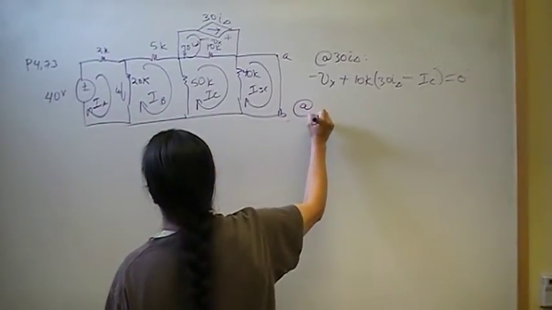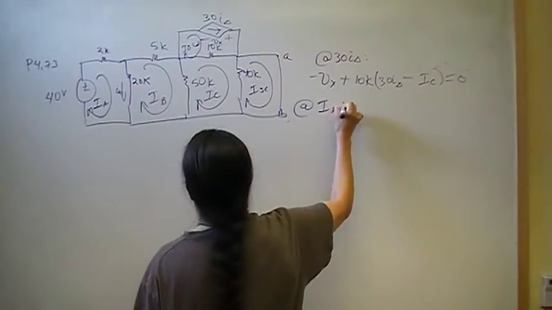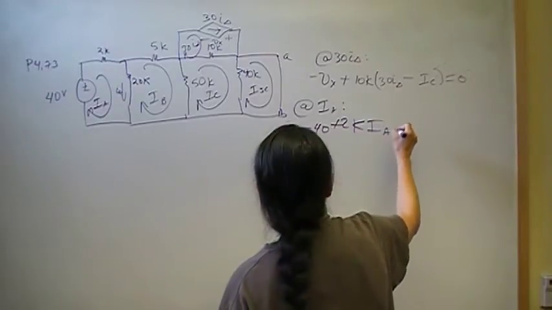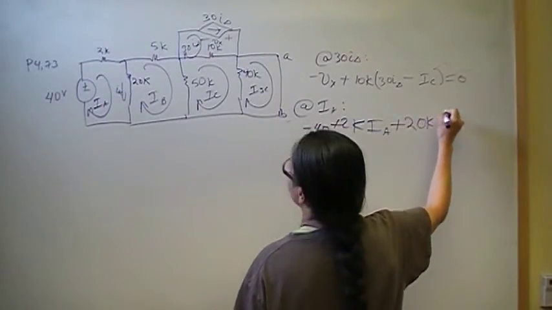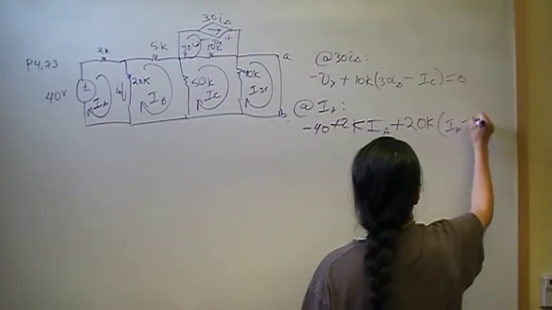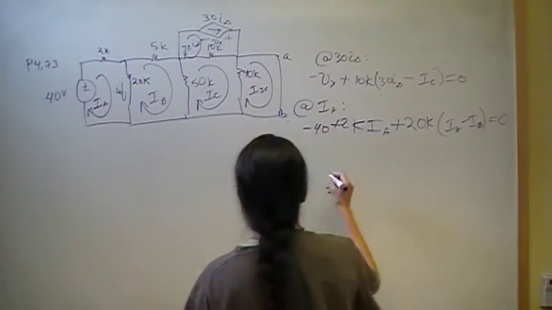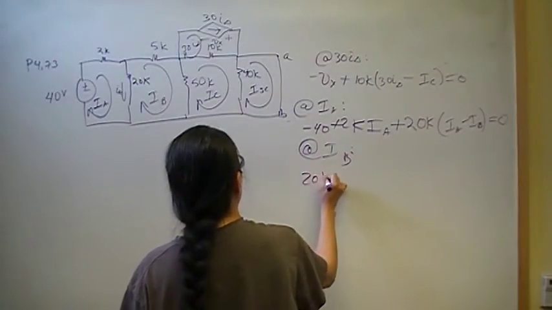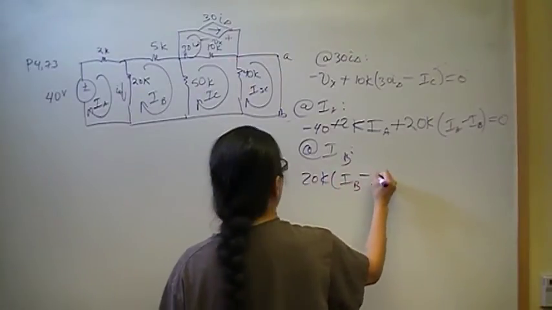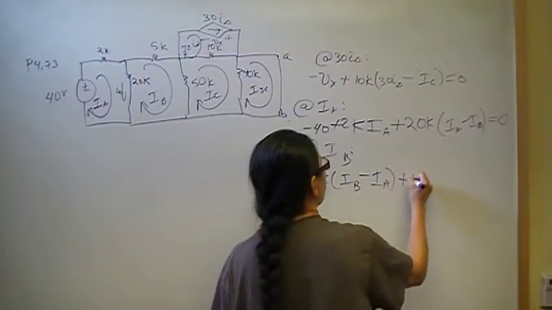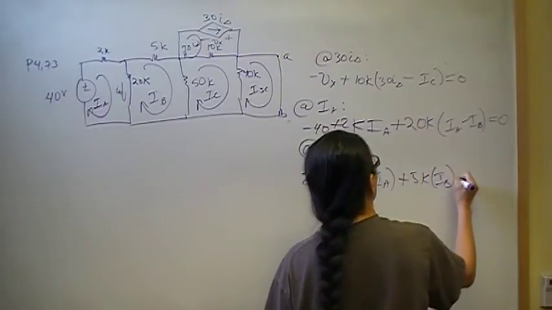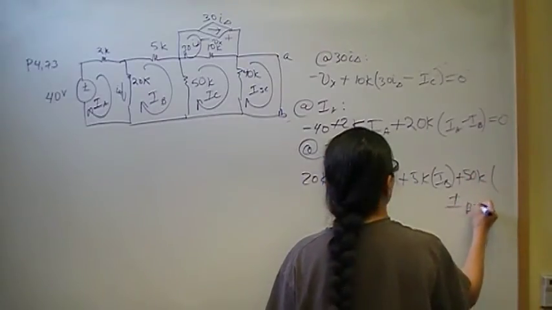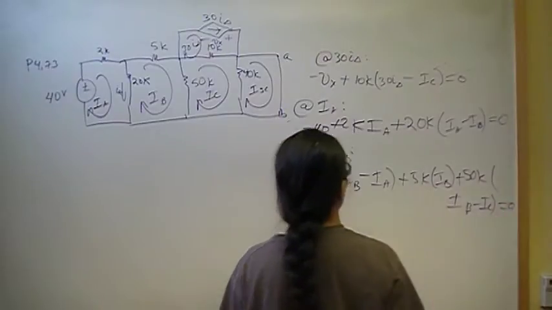And then my mesh equation at IA is minus 40 plus 2K IA plus 20K times IA minus IB, all equal to 0. My mesh at IB is 20K times IB minus IA plus 5K IB plus 50K times IB minus IC, equal to 0.